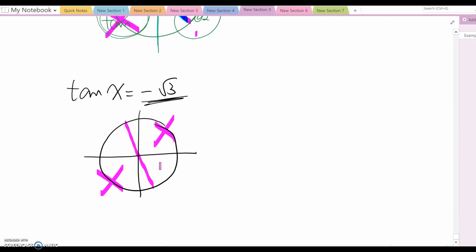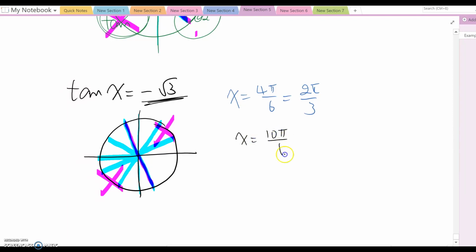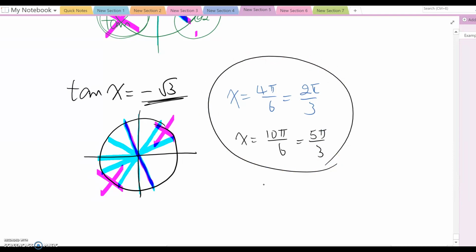Okay, so let's count what the angles are. 1, 2, 3, 4. So one is x equals 4 pi over 6, which is 2 pi over 3, and then 5, 6, 7, 8, 9, 10. So x equals 10 pi over 6, which means 5 pi over 3. That will be the answer for this problem.